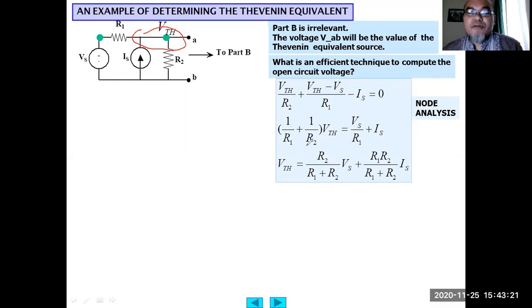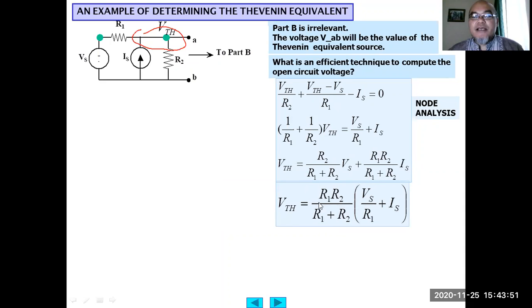Then from here we obtain VTH equals this one all divided by this one, which is R1 plus R1 R2 divided by R1 plus R2. Here we obtain R2 divided by R1 plus R2 times Vs plus R1 R2 divided by R1 plus R2 times Is.